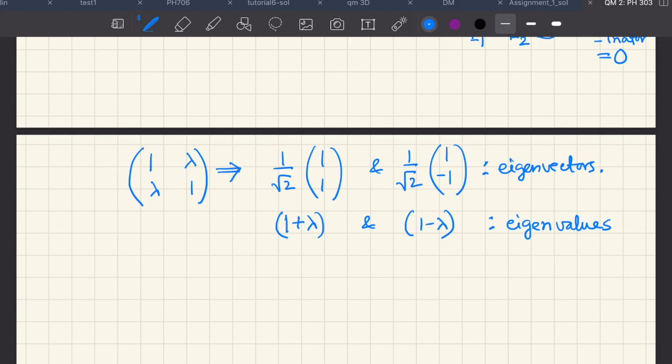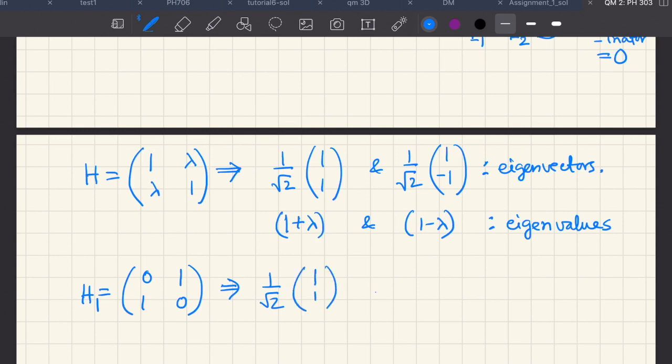So these 1 by square root 2 (1, 1) and 1 by square root 2 (1, -1) are the eigenvectors of the full Hamiltonian, as well as the eigenvectors of the perturbing Hamiltonian too. So this perturbation, which we had written as (0 1; 1 0), also has the same eigenvectors, 1 by root 2 (1, 1) and 1 by root 2 (1, -1).